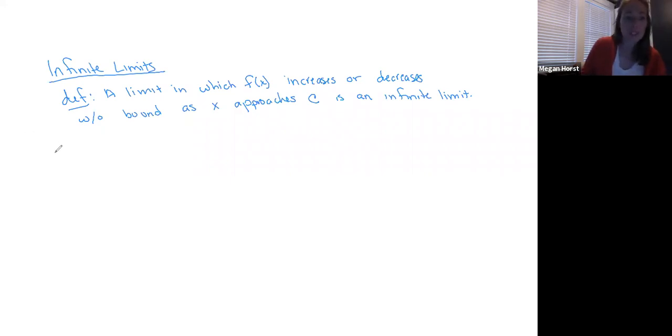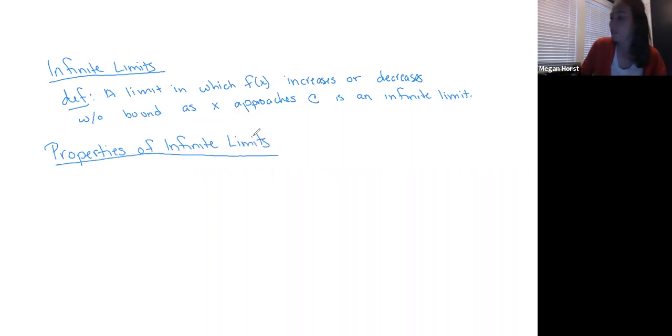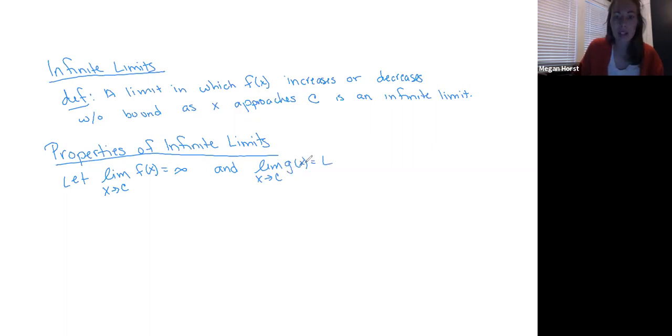So we have some properties of infinite limits that help us analyze things a bit. All right, so we're going to let the limit as x goes to c of f of x equal infinity, and the limit as x approaches c of g of x is going to equal some constant value, some value L. So first we have the sum and difference property.